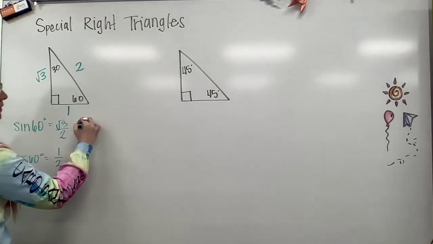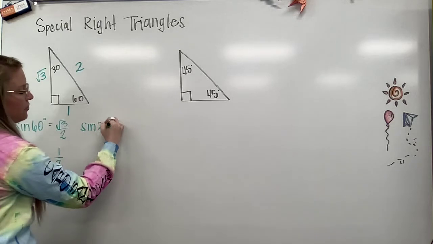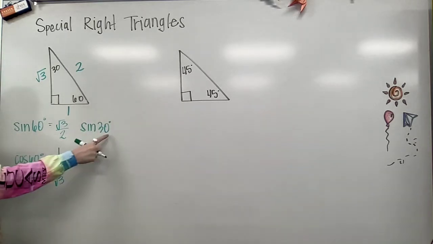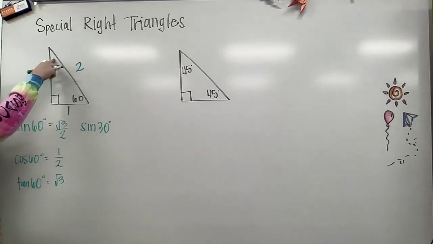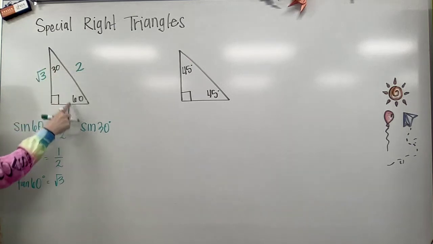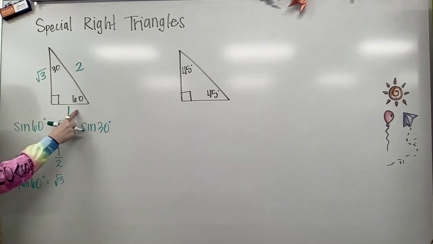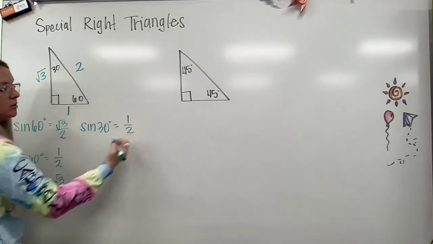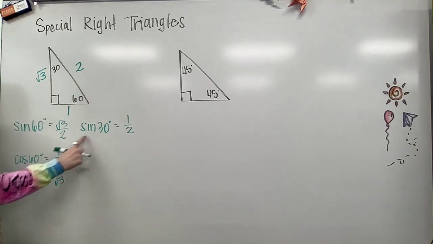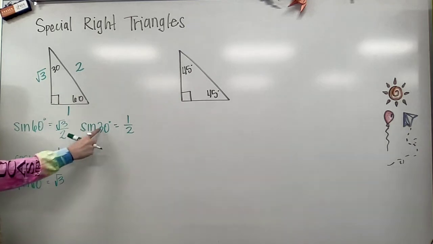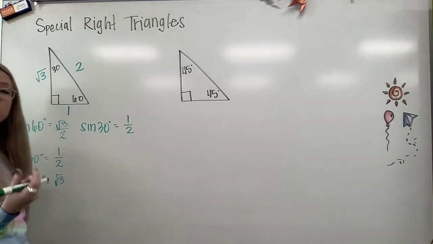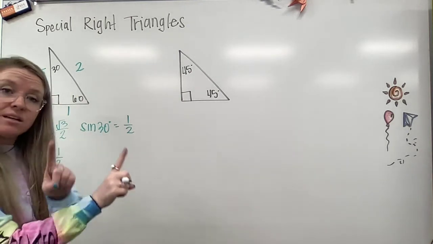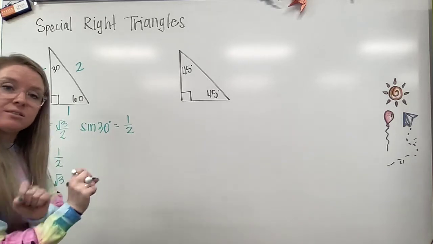Well, now we can look at the sine of 30. Now my angle's changing, so now I'm looking up here, so my opposite side becomes the 1. So the sine of 30 is 1/2. Notice the sine of 30 is equal to the cosine of 60 because my adjacent and opposite sides have switched places.